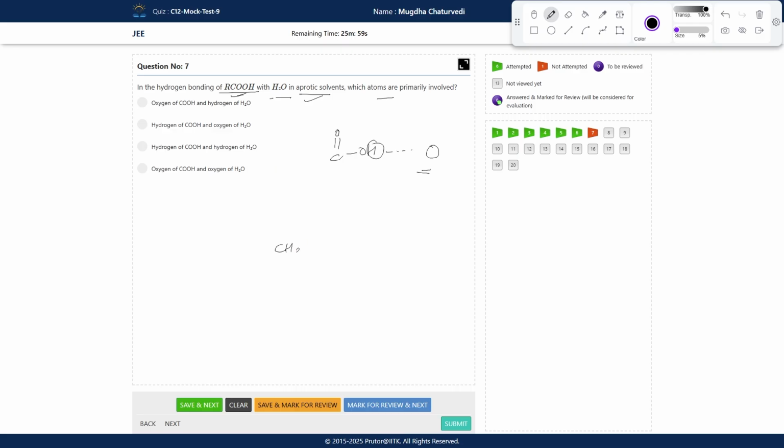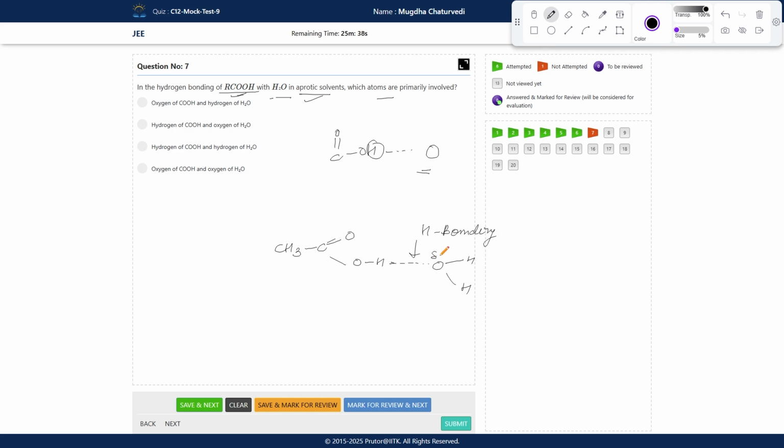If I give you an example, this is a carboxylic acid, and this hydrogen of the carboxylic acid forms a hydrogen bond with the oxygen of the water molecule. This is a hydrogen bond.